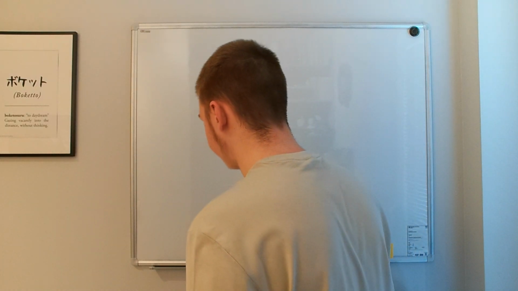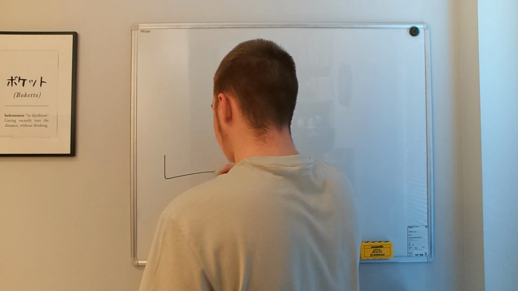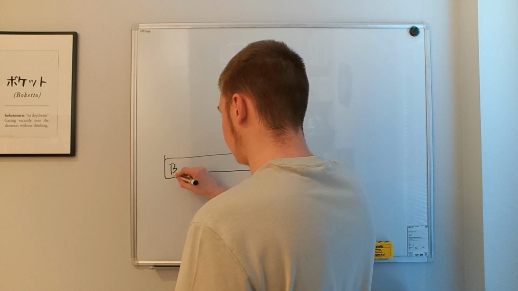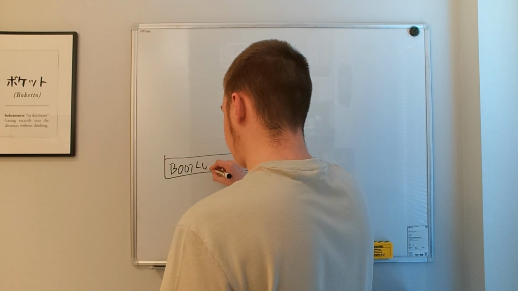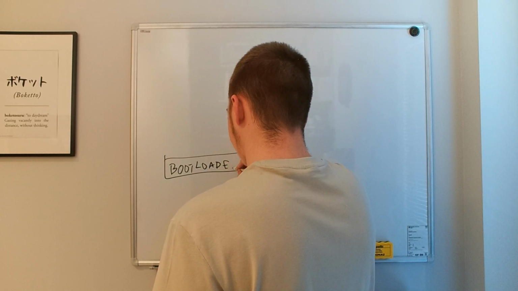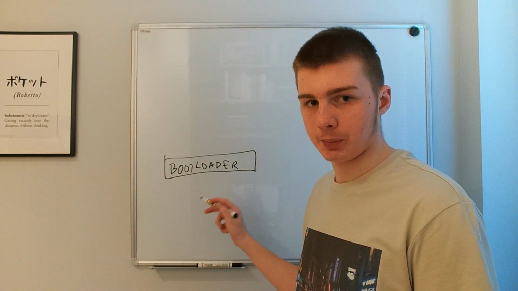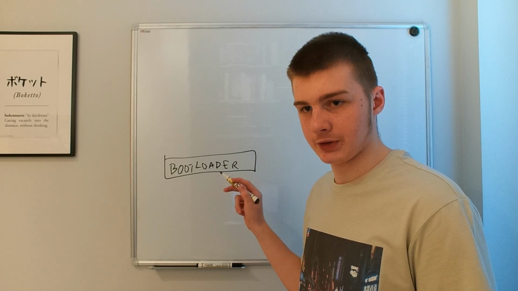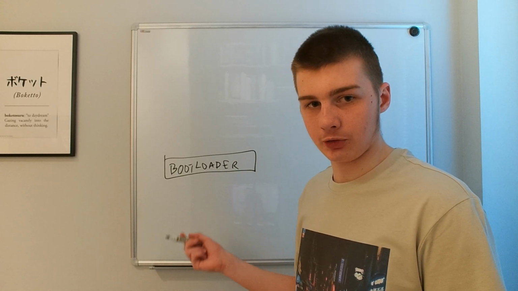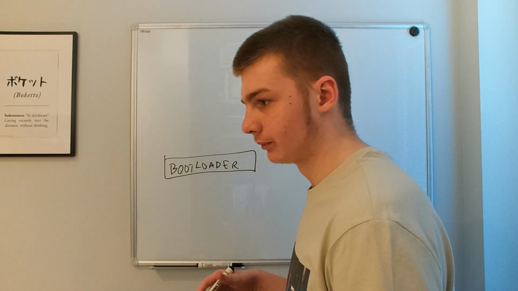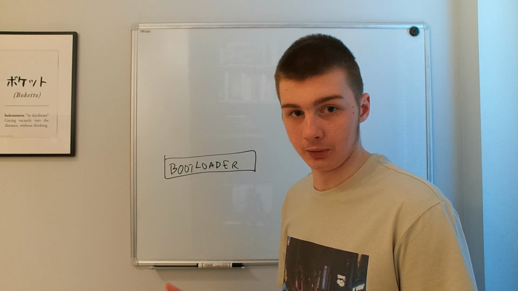So, firstly, I would like to do a little recap of what actually is going on. What is this high-level picture of an operating system? We have some bootloader, which is the first program that is initiated after turning on your computer.